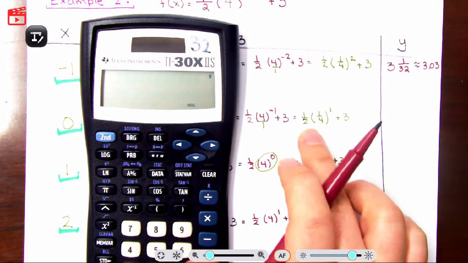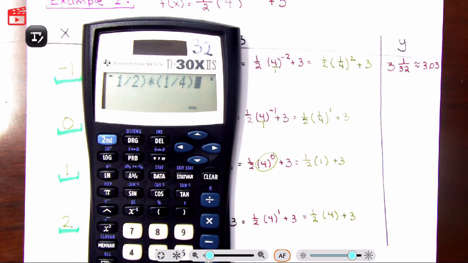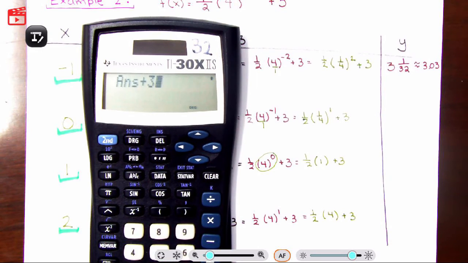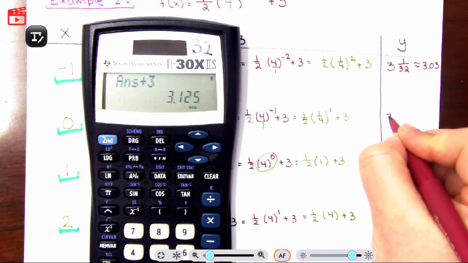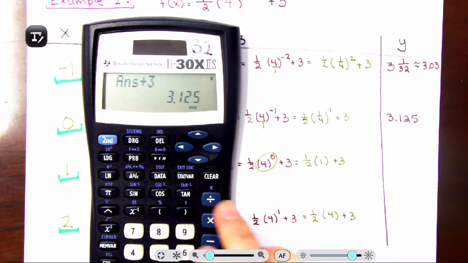Let's do that one more time here. Parenthesis 1/2 times parenthesis 1/4 to the first power. You can do that if you want, just to keep everything the same. I'm going to add 3 to that. So let's keep this as a decimal, 3.125. So we can see that our numbers are going to get bigger.